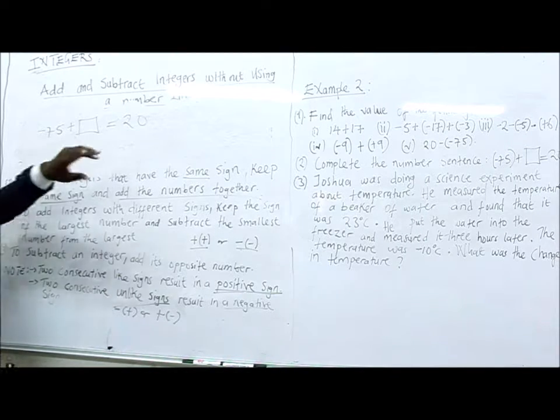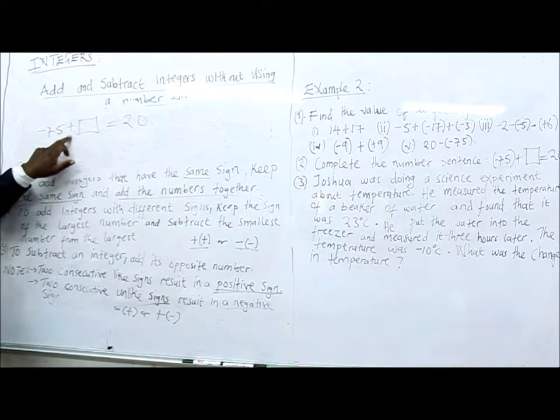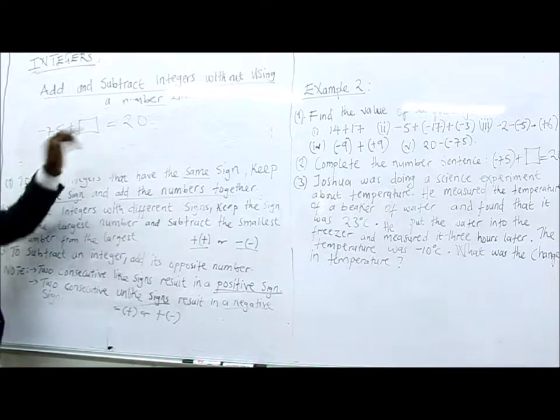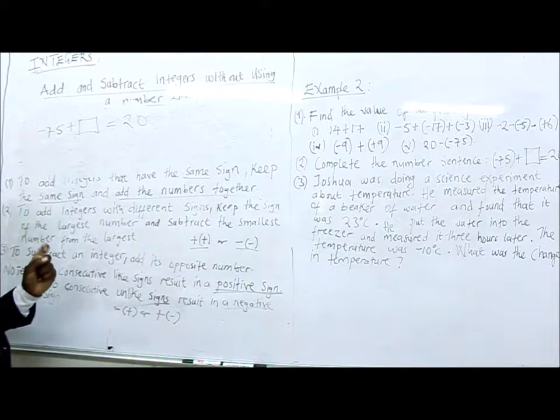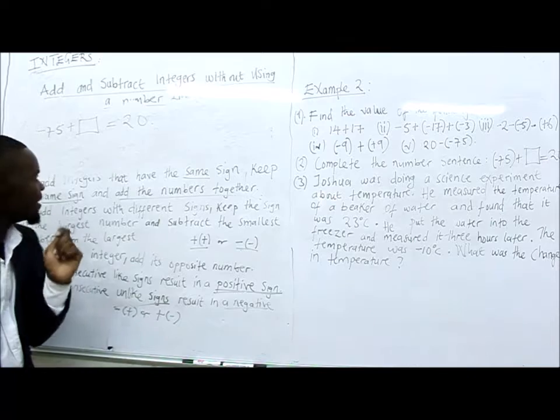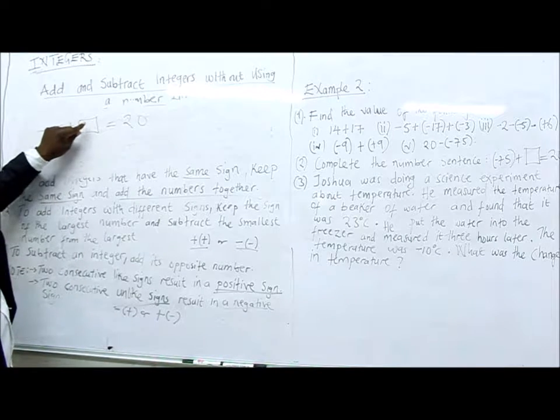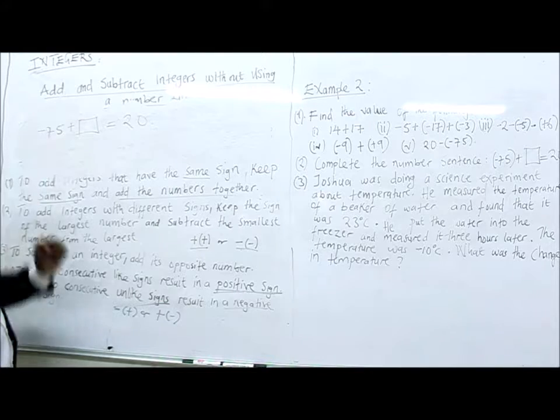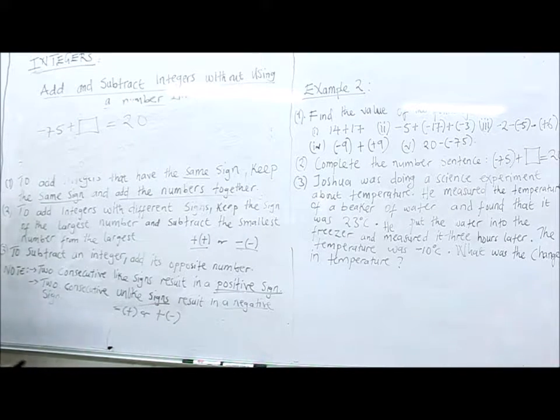Okay, so here we have got negative 7 plus box is equal to 20. Now the first question which must come into your mind is, what sign is the number which is supposed to be this box should have or must have? Okay, now listen to this.